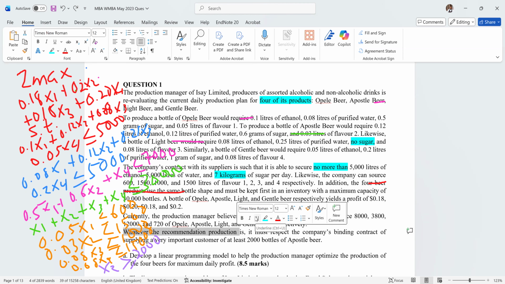Because you cannot have fractions or decimals, you've got to remember to incorporate an integer principle. In other words, you've got to include that the optimal solution should be integers. So if you bring in the integer, it's telling you that you cannot have decimal bottles. It doesn't necessarily mean that in your formulation in Excel you must include it, you can choose not to, but the proper formulation here requires that you have integers.